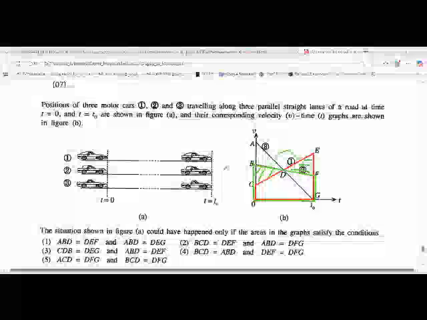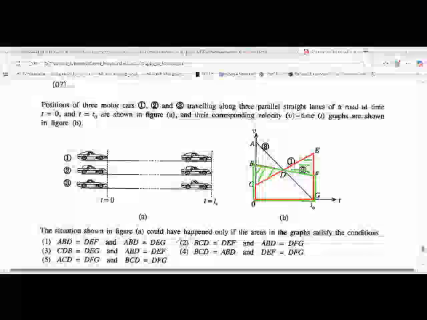When the additional parts are equal, the trapezium areas are equal. Then BCD should be equal to DEF.